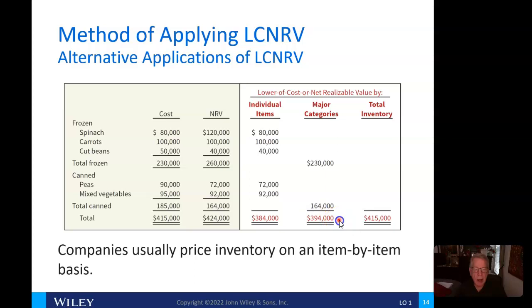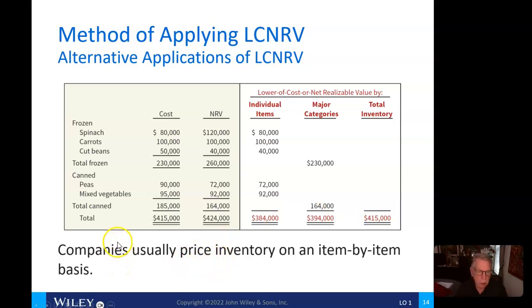That gives us a slight difference of $10,000 between $384,000 under individual items and $394,000 under major categories. And if we wanted to, we could just do it by total inventory. Here, our cost is less than our net realizable value, so we can bring the cost over of $415,000.